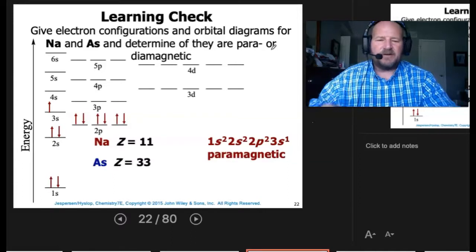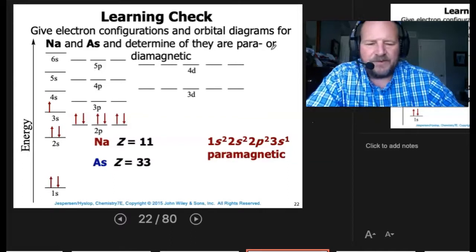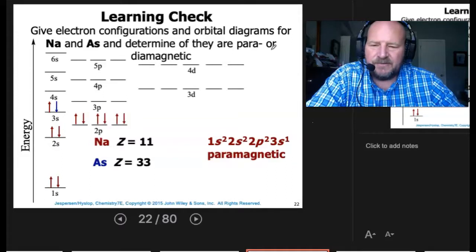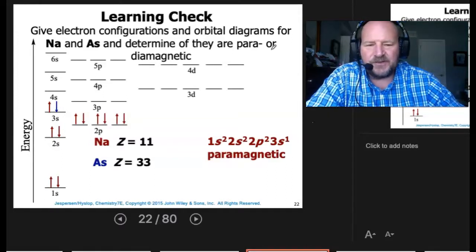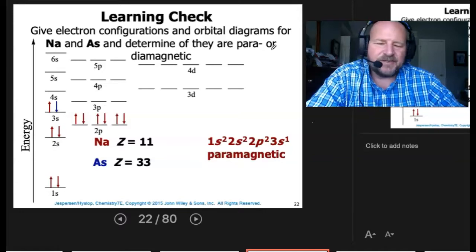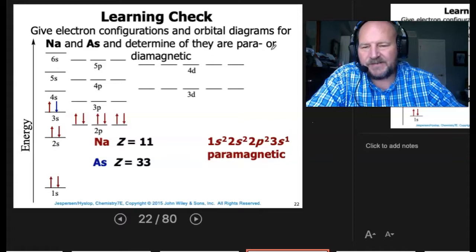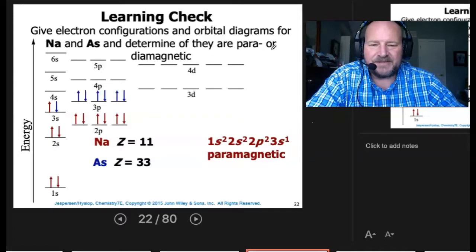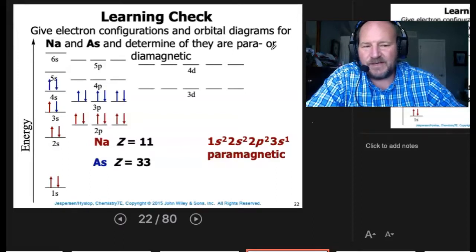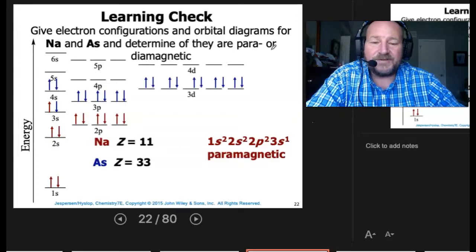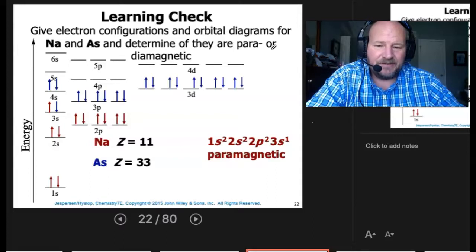All right, now we'll look at arsenic. Z equals 33. So again, we're going to put 2 electrons in the 1s, 2 electrons in the 2s, 6 electrons in the 2p. We now have 2 electrons in the 3s. We'll have 6 in the 3p, 2 in the 4s, all 10 in the 3d.